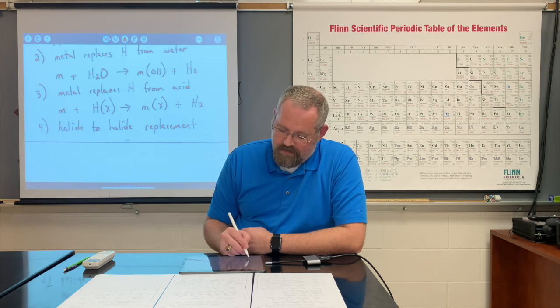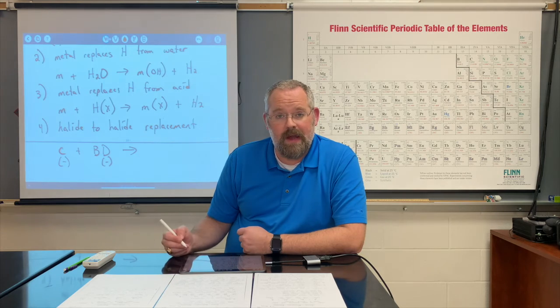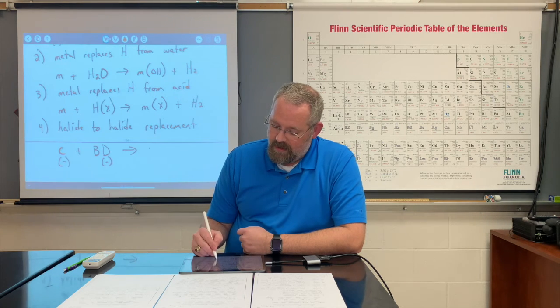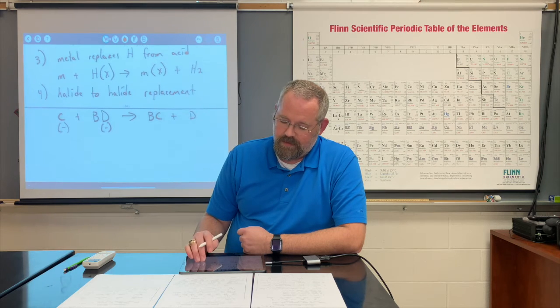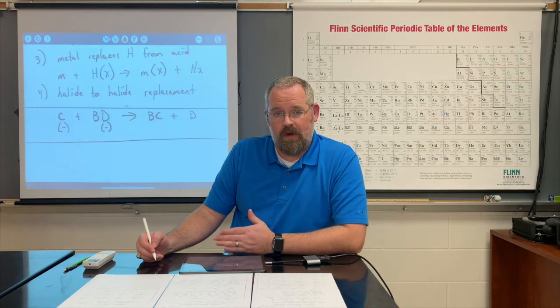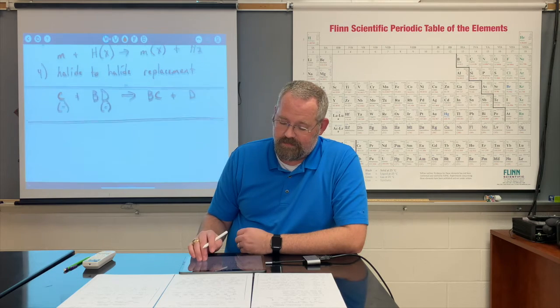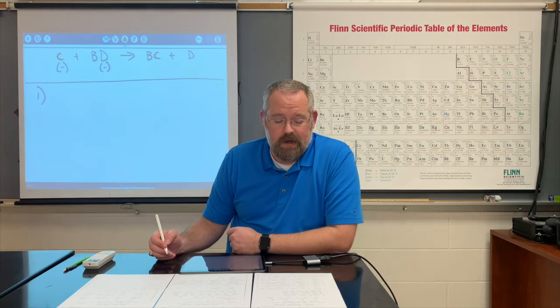So if I have, say for example, C plus BD, where my C and my D are my halogens, then I have BC plus D. Okay, so like I said, the more important part of all of this is making sure you don't get your positives and your negatives mixed up. Okay, so let's do an example of each so that we know what our products are going to be.